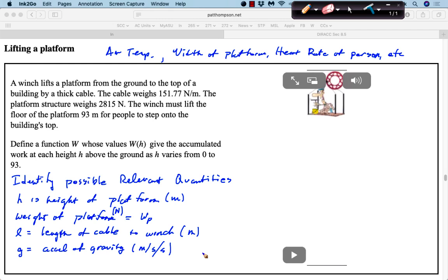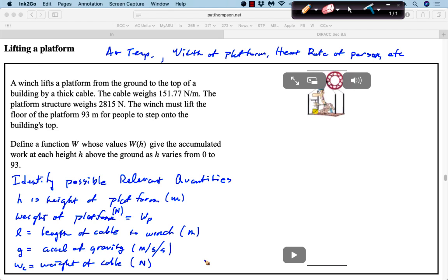Anything else? There's something else that someone said. The weight of the cable, right? So we'll call that WC, and that'll be in newtons.